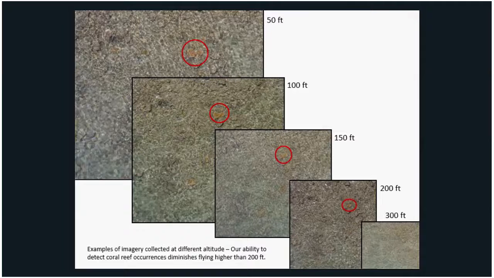Then we were experimenting at different altitudes: at what altitude do we stop seeing these individual species occurrences? Based on our analysis in this one particular area, when you're flying above 200 feet, you start to lose detection unless these occurrences are really large. This was helpful to understand. We've also been experimenting with sun sensor angles, trying to understand the best time to get maximum water penetration.